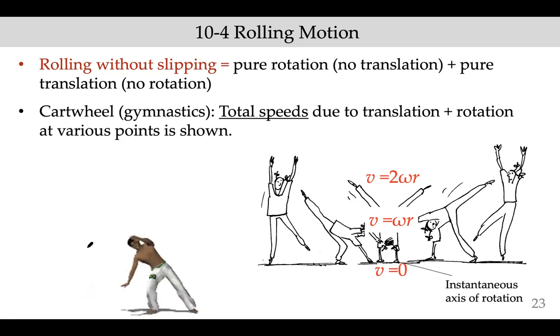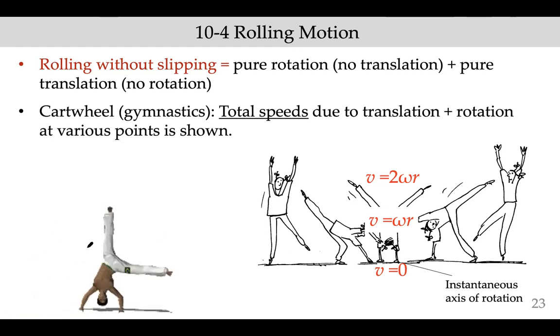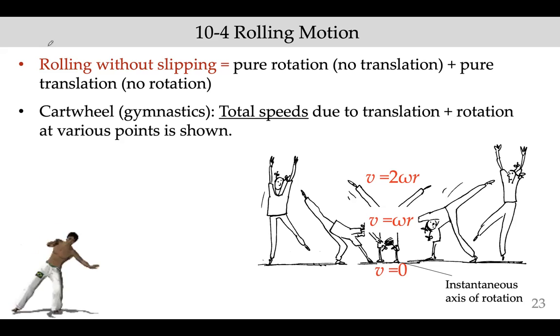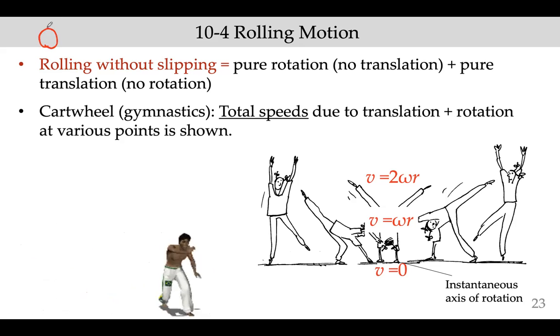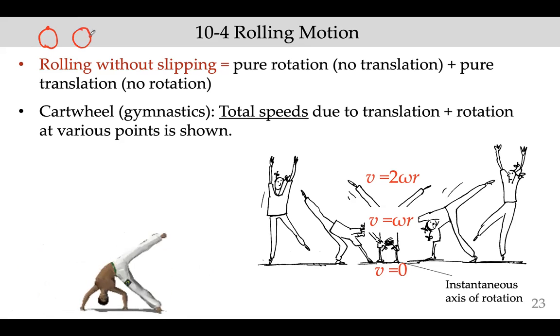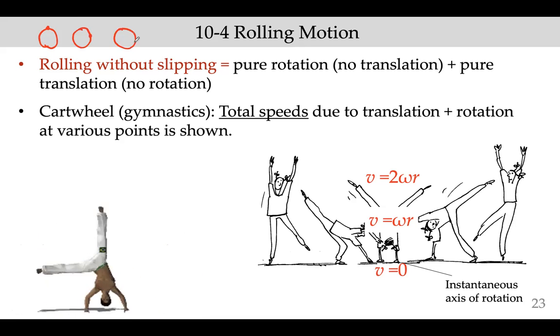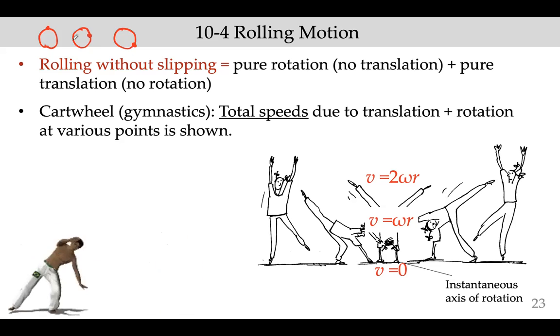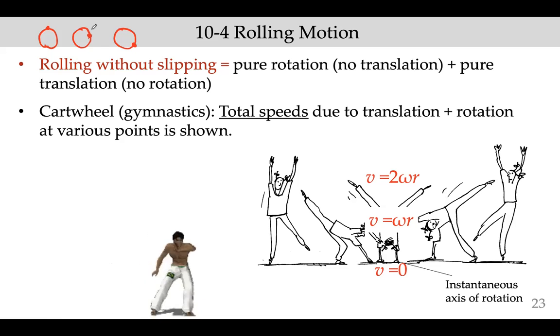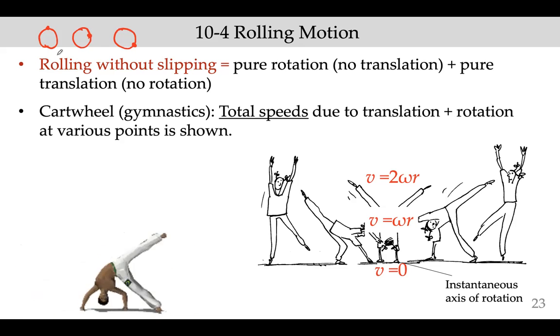It's easier to understand here, and then we will go to the wheels. So rolling without slipping: if you think about this point, when this wheel rotates, this point also moves. So it's rolling and going forward at the same time, and during this motion, there's no slipping.